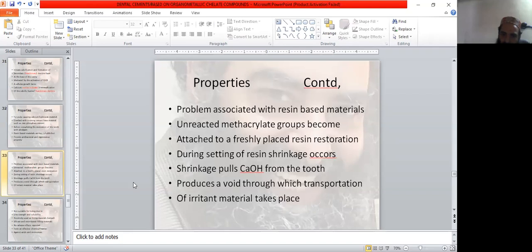So the unreacted methyl methacrylate becomes attached to a freshly pressed resin restoration. During setting of the resin, shrinkage occurs. Shrinkage pulls calcium hydroxide from the tooth and produces a void through which transportation of irritant material takes place.